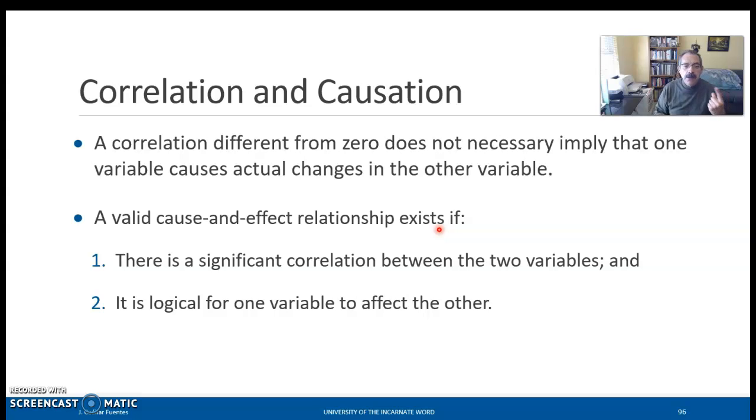Number one, you must have a significant correlation between the two variables. And two, there must be a logical reason for one variable to affect the other, either because of your knowledge of the physics of the process or the chemistry or the biological process or what have you. There must be some logical reason that indicates that this variable affects this other variable.